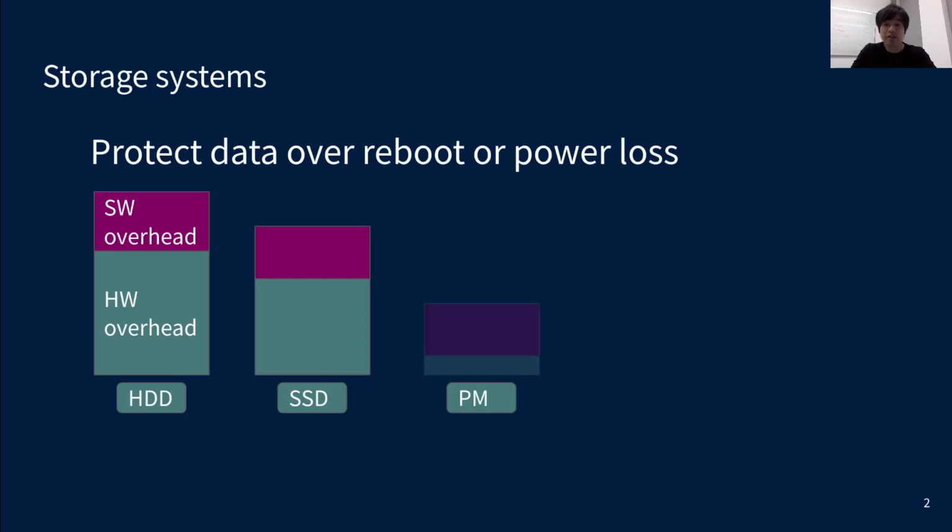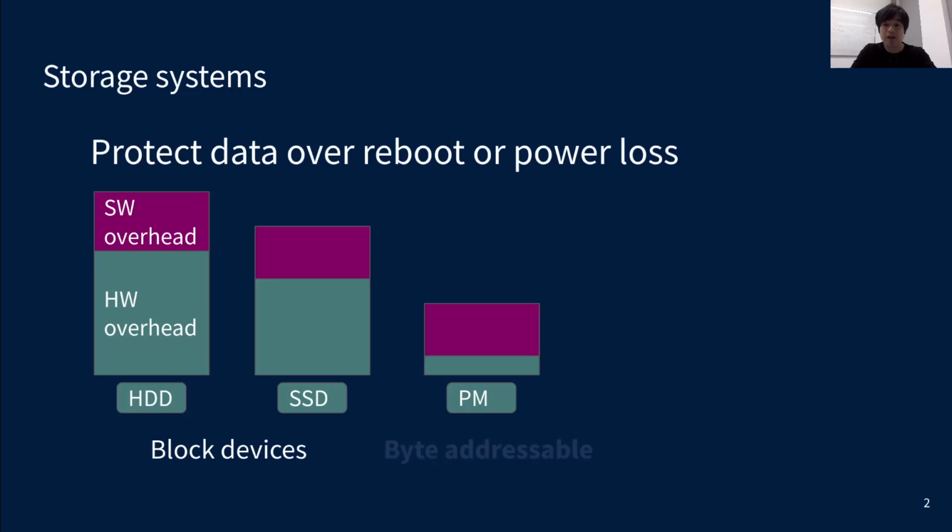However, the emerging storage medium, persistent memory, is much faster than hard drives or SSDs. As a result, software overheads in the storage system impact end-to-end performance. Also, hard drives and SSDs are block devices, which means that applications need DRAM buffer caches and system calls to access persistent data.